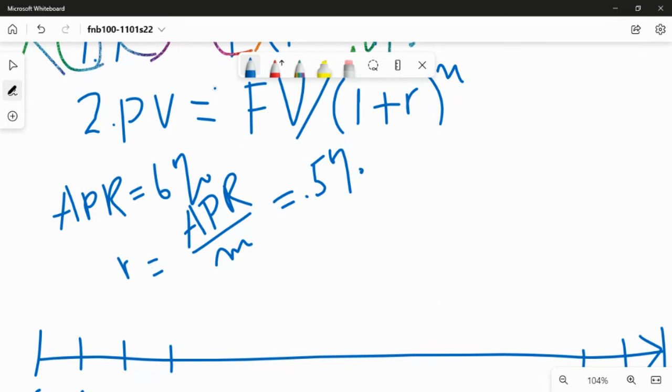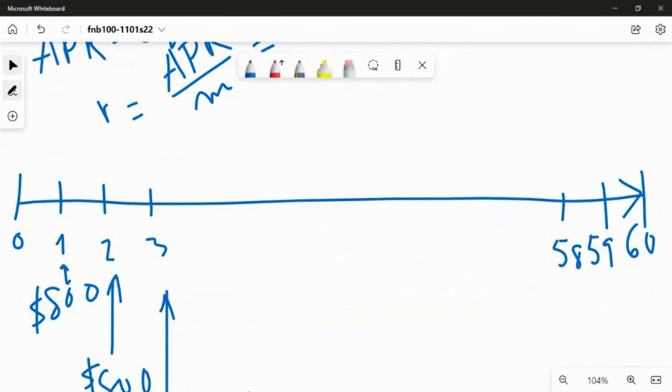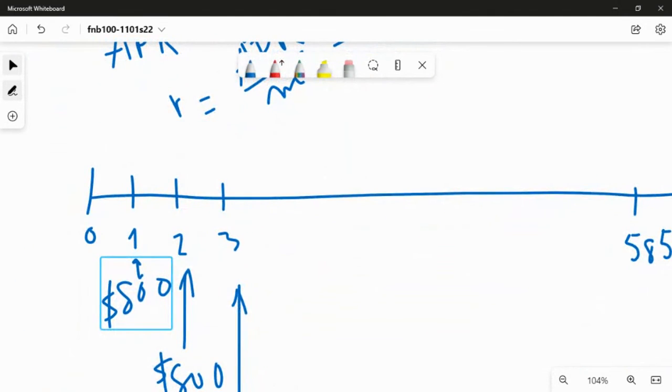So think about it. The first deposit will earn interest, because you put it at the end of the first month.